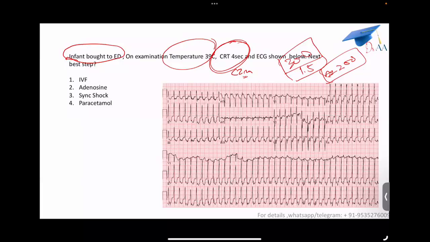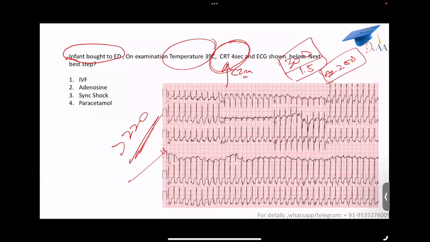It more seems like the high temperature is causing it. If you calculate it, which I'm not doing here because it's time consuming, and the heart rate comes to more than 220, that's when you will be giving a synchronized shock, because this patient's CRT is on the higher side.